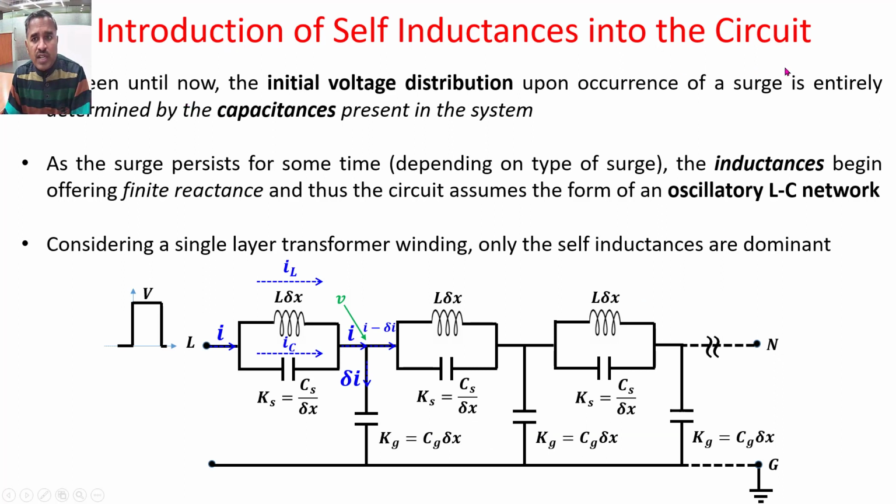Next, introduction of self inductances into the circuit. Now, the capacitive circuit is valid only for the initial distribution. After t equal to 0, slowly the inductances will also come into the picture. So, the inductive reactance will become finite, and thus the circuit assumes the form of an oscillatory LC network.